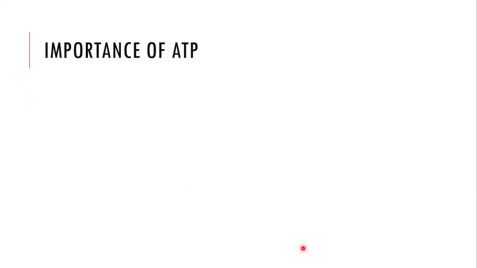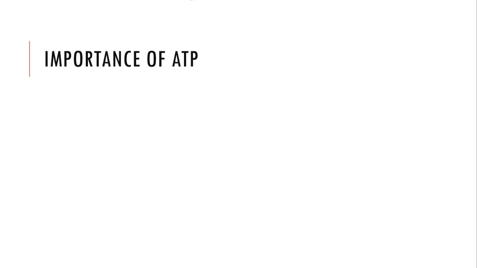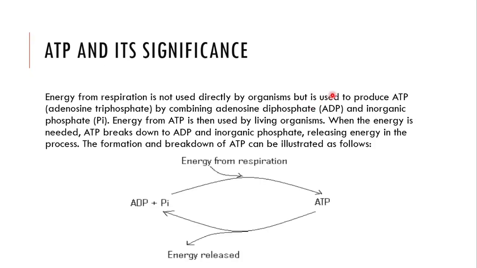Importance of ATP. ATP is important because it makes it possible for energy to be stored and transported. Remember what I said here. I said when energy is now needed, so meaning it was stored. So now that it is needed, this will break down, and in the process of it breaking down into ADP and Pi, energy is released.